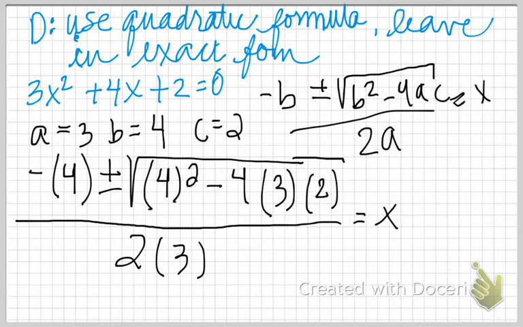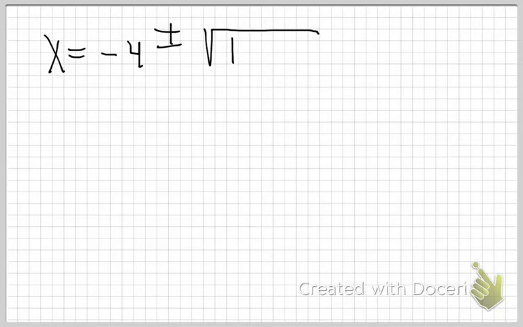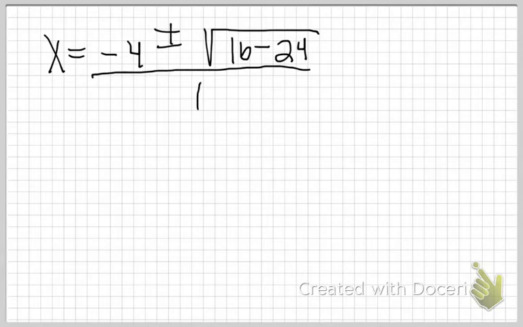4 squared becomes 16. Negative 4 times 3 is negative 12. And negative 12 times 2 is negative 24. 2 times 3 becomes 6. So I rewrite it. x equals negative 4 plus or minus the square root of 16 minus 24, all over 6.